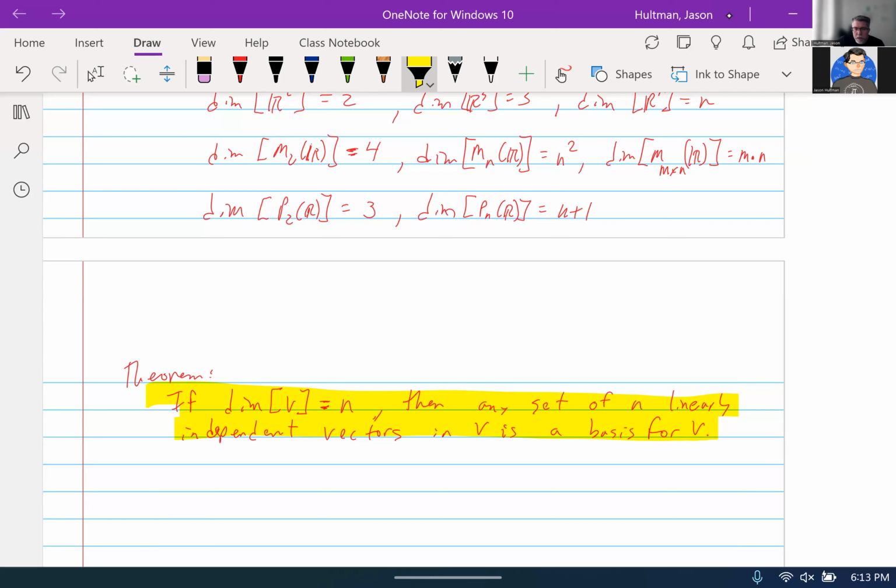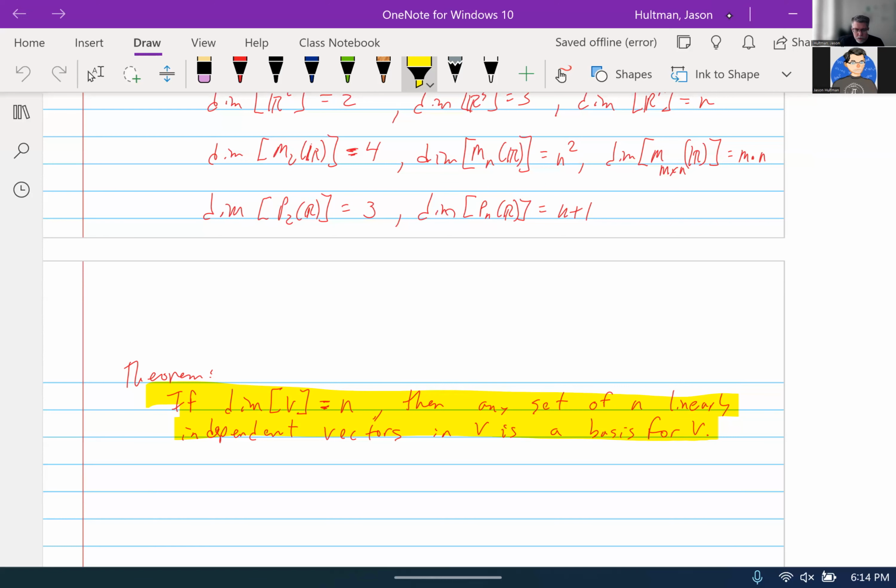Okay, as long as they're linearly independent, we can show linear independence using our techniques for finding the determinant. If the determinant is not equal to 0, or if A is invertible, then they're linearly independent, or if we can get the Wronskian not equal to 0.